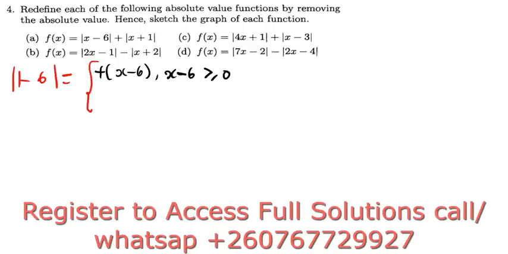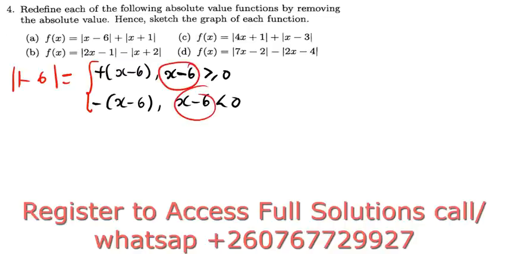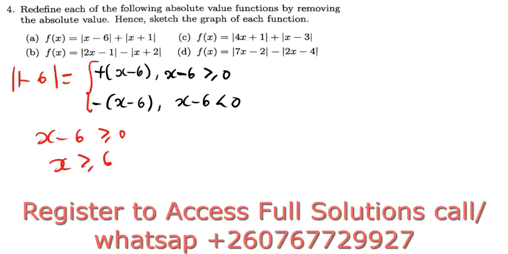When I multiply it by negative, I put it in brackets, then the condition is that x minus 6 should be less than 0. Now I need to find the value of x here. What I have there is x minus 6 equal to 0, or to make things simple, greater than or equal to 0. So if I shift 6 to the other side, x will be greater than or equal to 6.